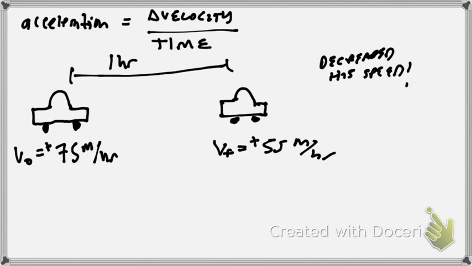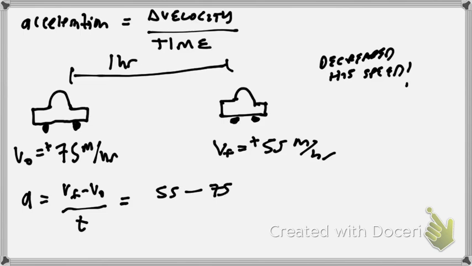All right, so let's go ahead and look at acceleration. Acceleration is V final minus V initial over time. Took him 1 hour. So V final is 55 minus 75, right? We got to make sure that we have our units, right? Because units are very important, and it's going to help us cancel out answer choices that are wrong, right?